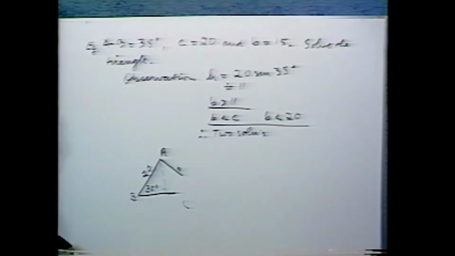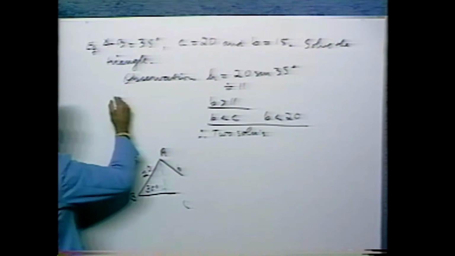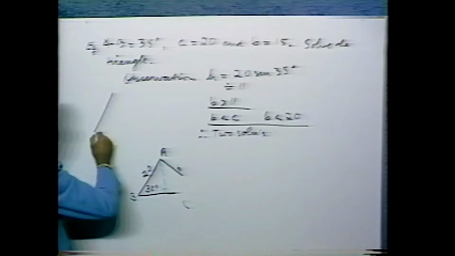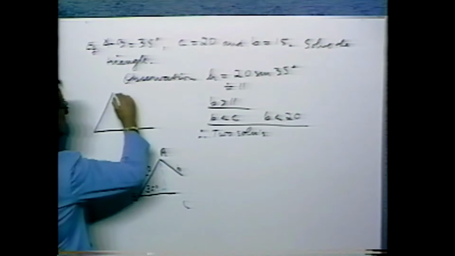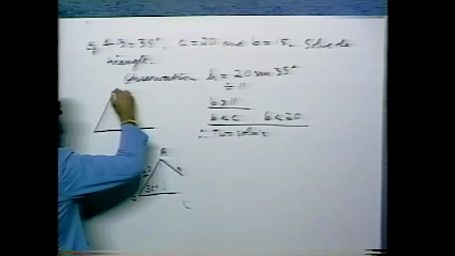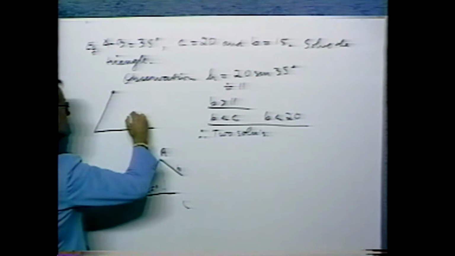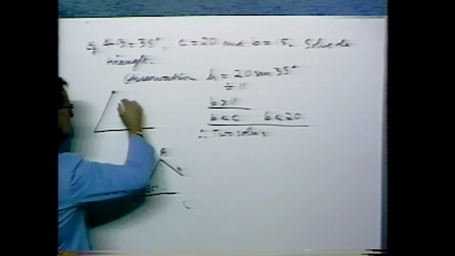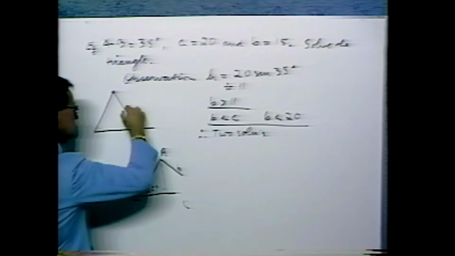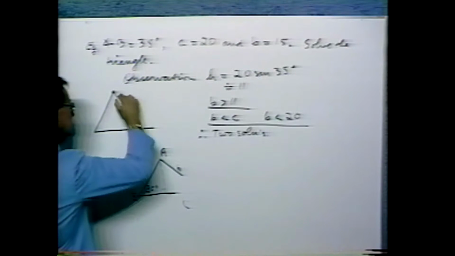We will draw the diagram a little more carefully. And in fact, we will draw two diagrams. What happens here is when B is larger than the perpendicular, then there is one solution possible.